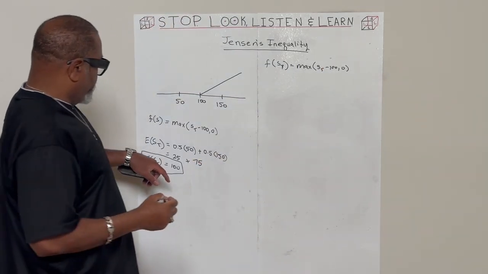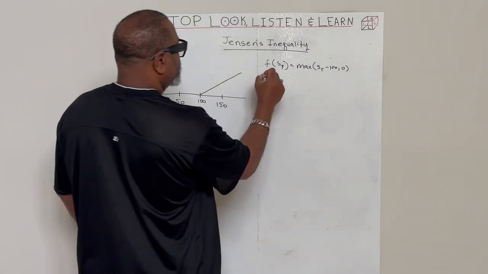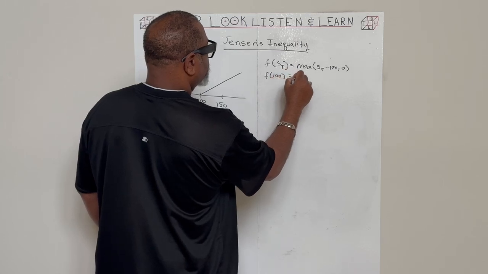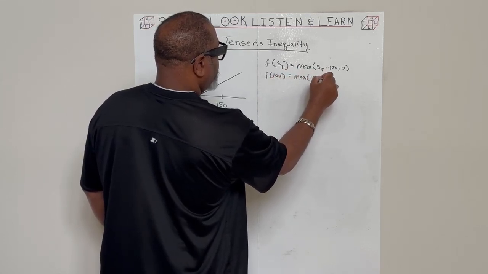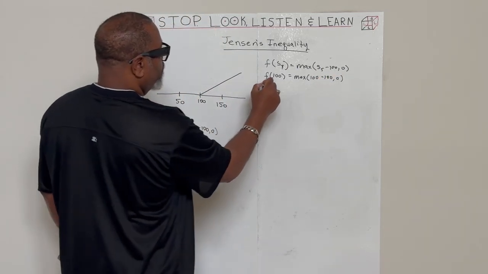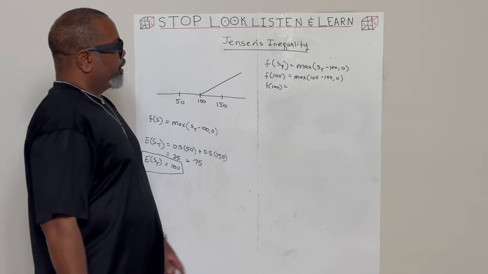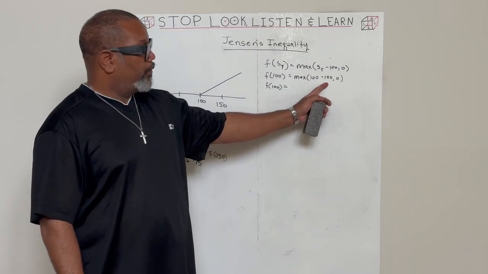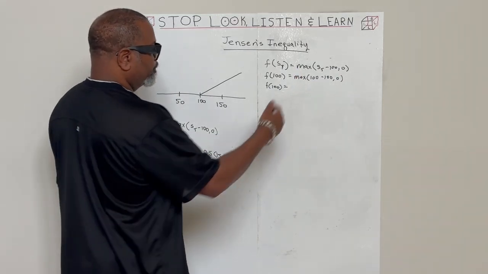Now we just determined that the expected price of S_T is 100, so we're going to have the function evaluated at 100, which is going to be the maximum of 100 minus 100, or 0. So that means that the function evaluated at 100 is going to be 100 minus 100 is 0, and you compare that to 0, so they're both 0.